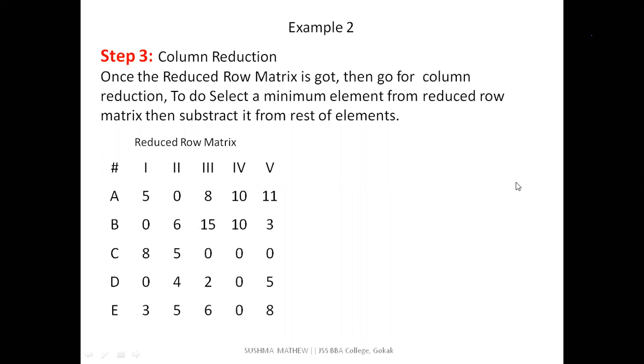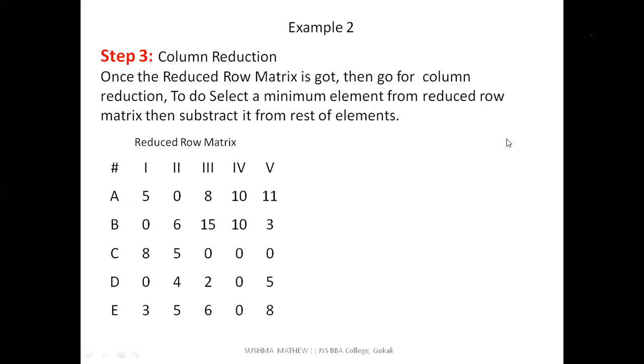The first column elements are 5, 0, 8, 0, 3. Second column 0, 6, 5, 4, 5. Third column 8, 1, 5, 0, 2, 6. Fourth is 10, 10, 0, 0, 0, 0. Fifth is 11, 3, 0, 5, 8. Clear? Okay. Now every column has a 0.